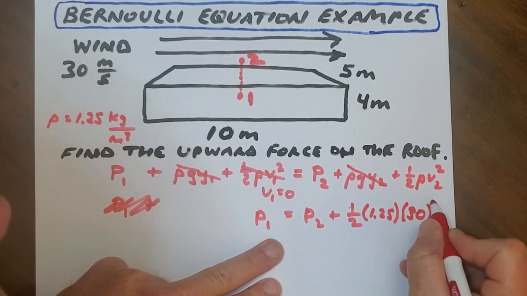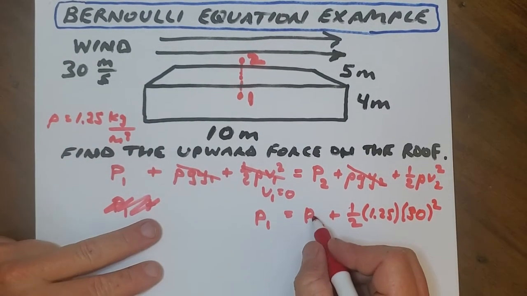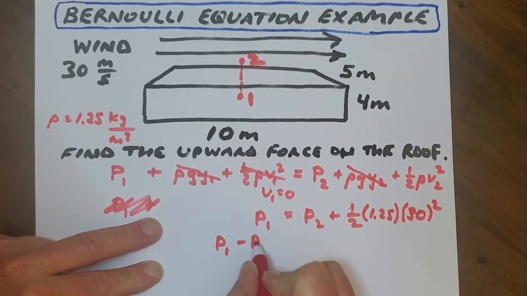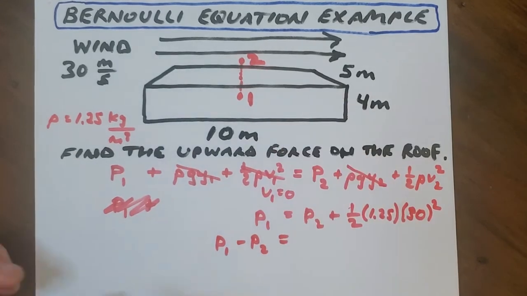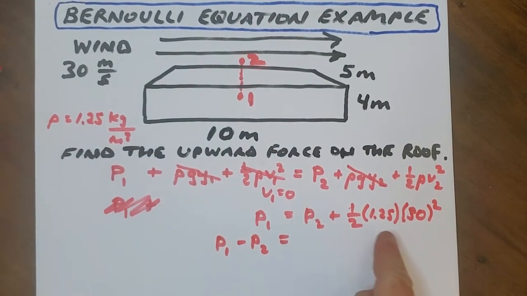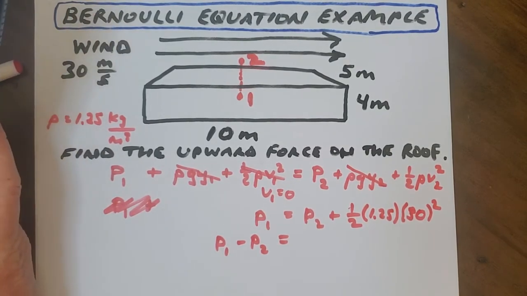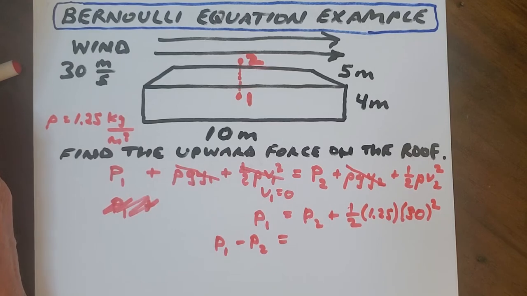So 30 squared. If you move the P2 over, you get P1 minus P2, which is really the pressure difference, is going to be 1/2 of 1.25 times 30 squared. So 0.5 times 1.25 times 900 is 562.5.